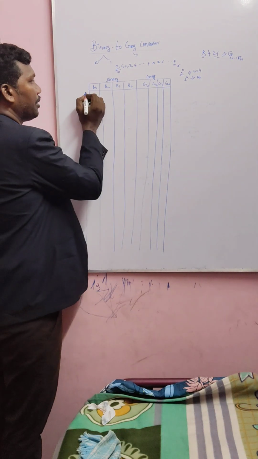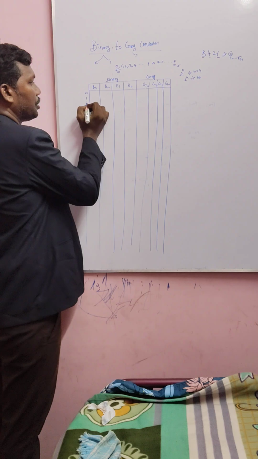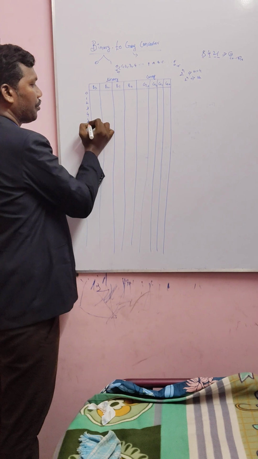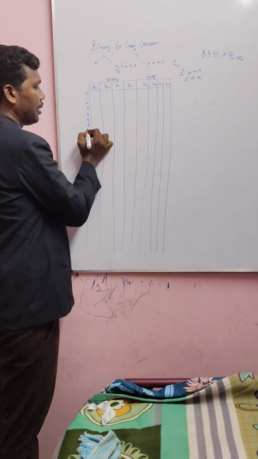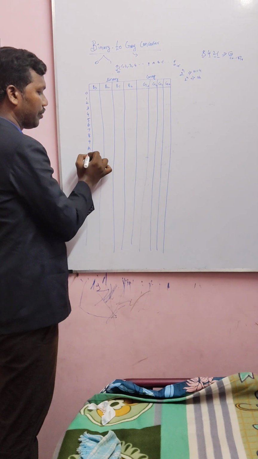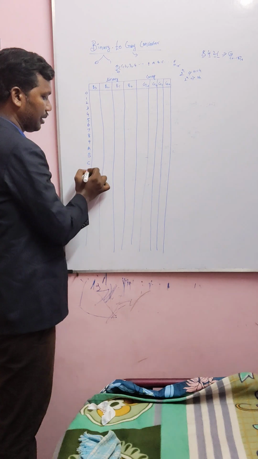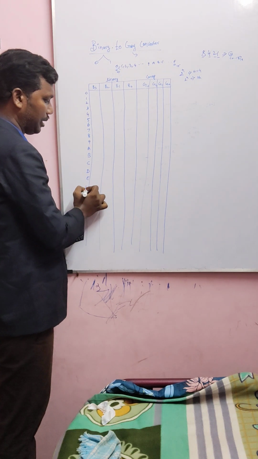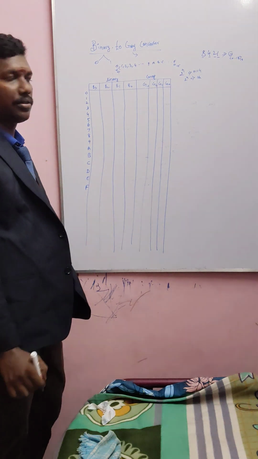So what I'm going to write is first 0, 1, 2, 3, 4, 5, 6, 7, 8, 9, followed by 10 which is equivalent to A, B, C, D, E, and F, right?